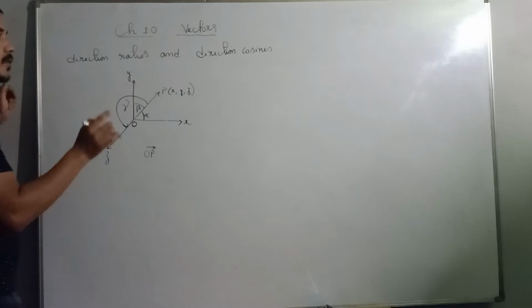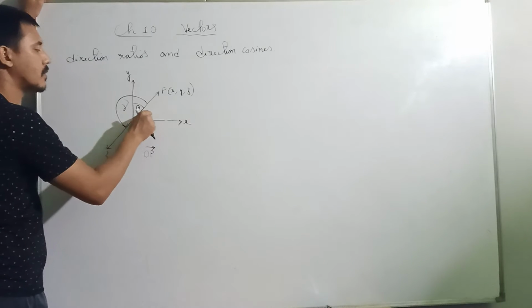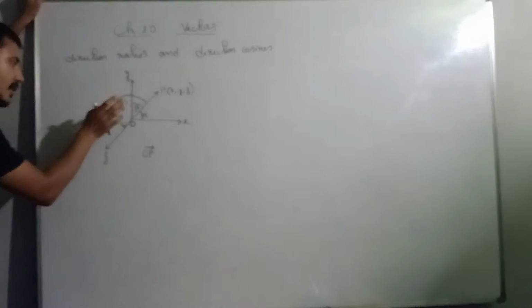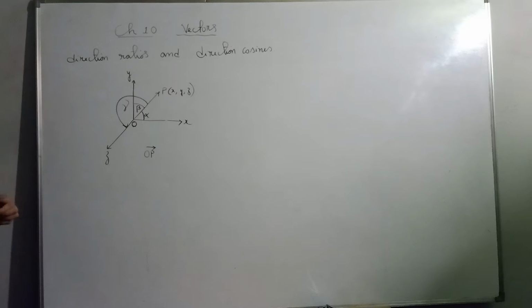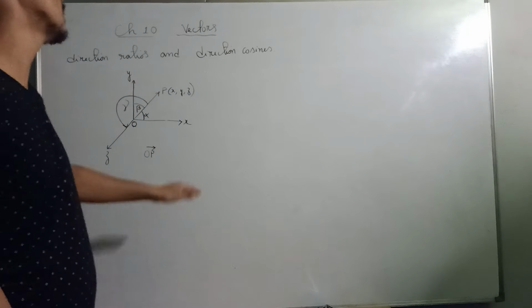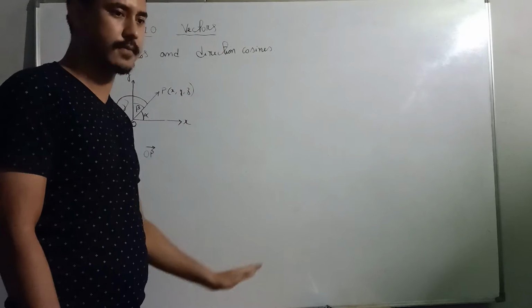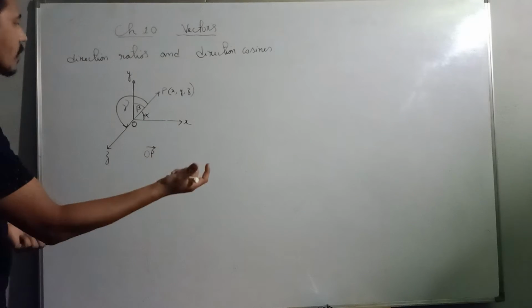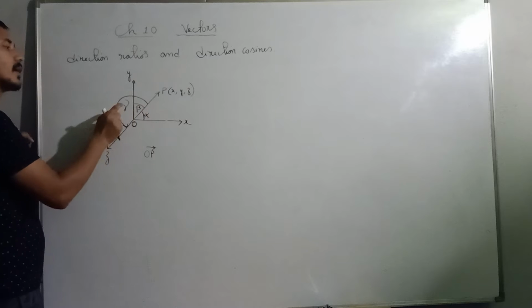Now you take the cosine of all these angles. The cosines of these three angles made by the position vector of P are known as direction cosines.